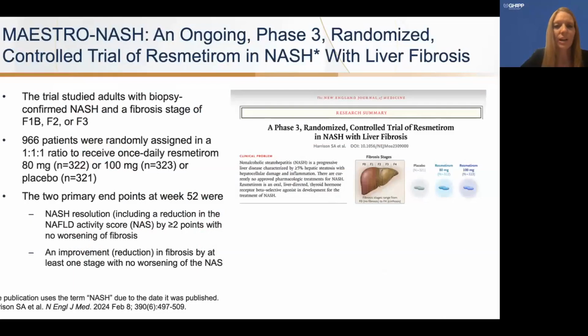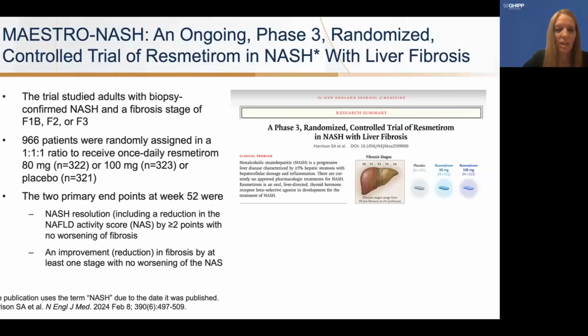So the MAESTRO-NASH trial is the ongoing phase 3 randomized controlled trial of Resmetirom in NASH patients with liver fibrosis. This trial studied adults with biopsy-confirmed NASH in a fibrosis stage of F1B, F2, or F3. So nearly 1,000 patients were randomly assigned to one of three groups, either once daily resmetirom 80 milligrams, resmetirom 100 milligrams, or placebo.